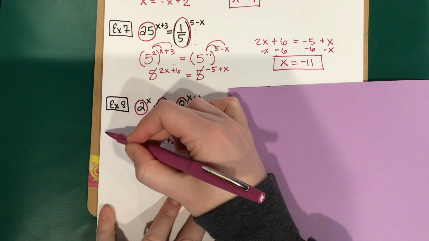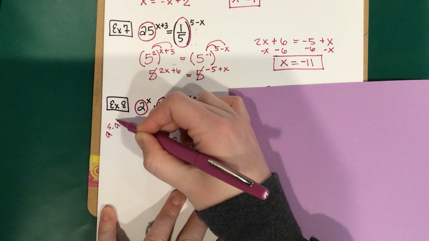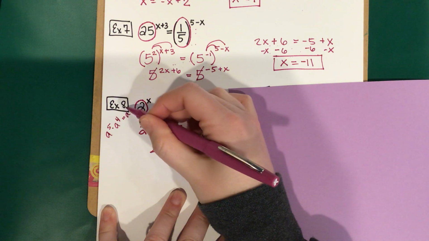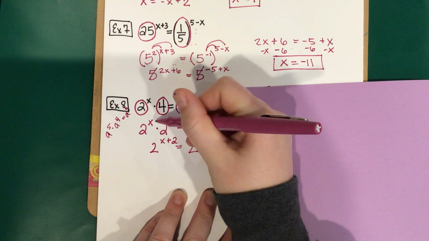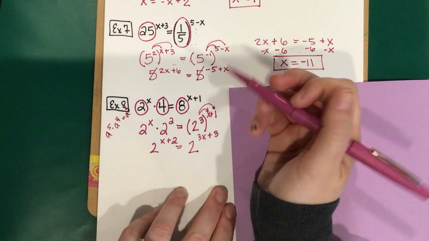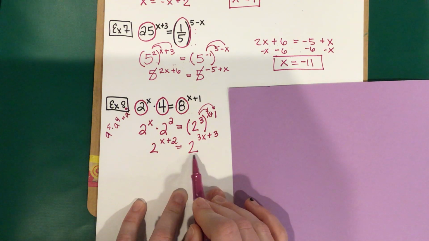Because think about this right now. If I had given you guys a to the 5th times a to the 4th, you would rewrite that as a to the 9th. And so that's why we rewrote that, so that we could add those exponents and keep the same base.